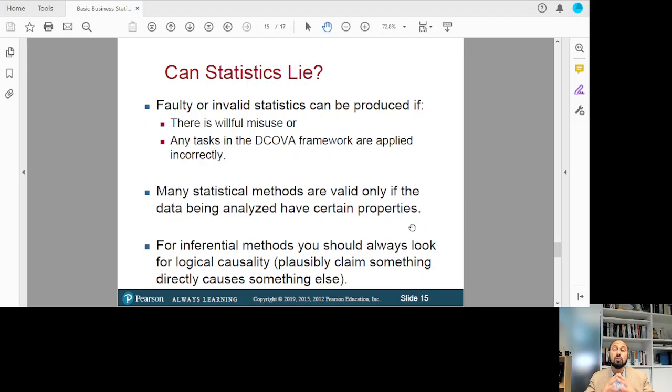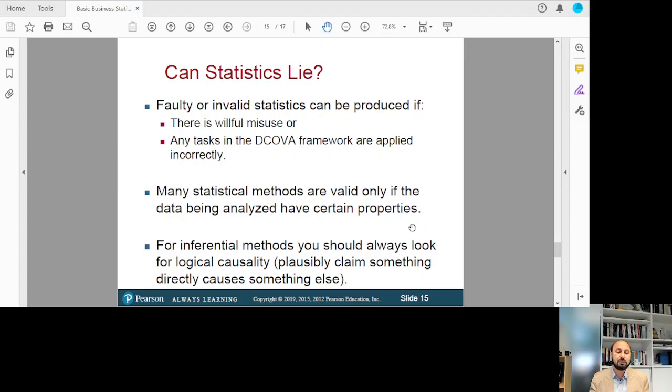Many statistical methods are valid only if the data being analyzed have certain properties. For inferential methods, you should always look for logical causality, to plausibly claim something directly causes something else. Therefore, we must be very careful about the ethical implementation and ethical decisions of statistics.